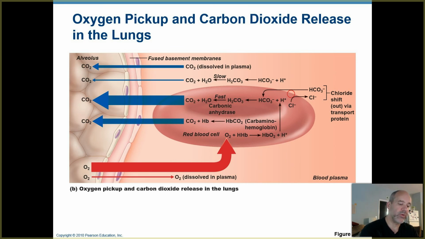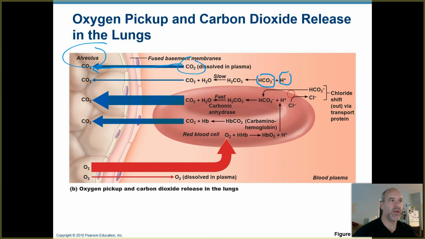With CO2, CO2 is moving out of the pulmonary capillary and over here into the alveolus. So the CO2 that's dissolved in the plasma, some of it's just going to diffuse over here into the alveolus. You have these bicarbonate ions in your body fluids. You have hydrogen ions floating around in your body fluids at all times.